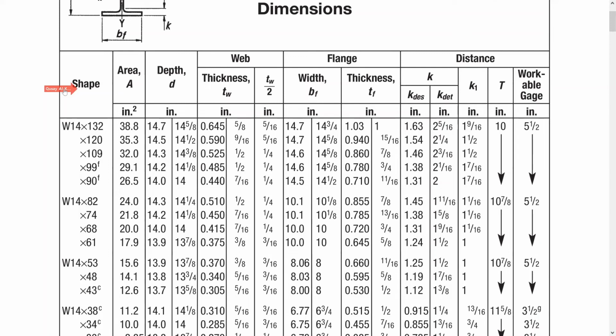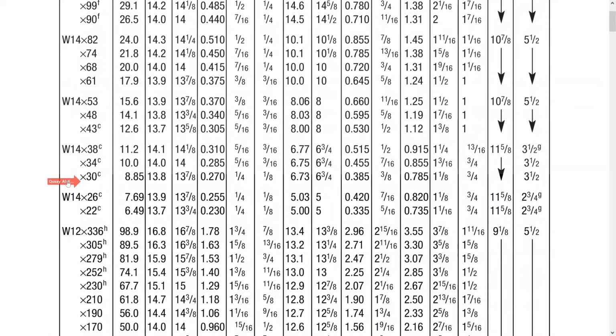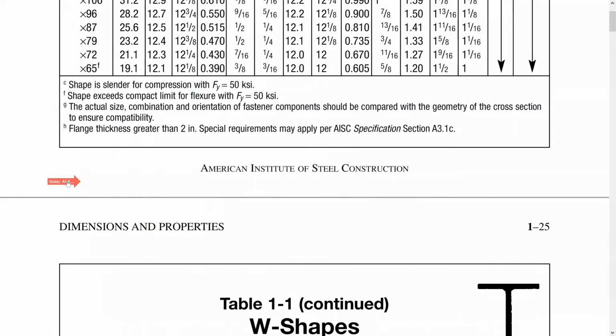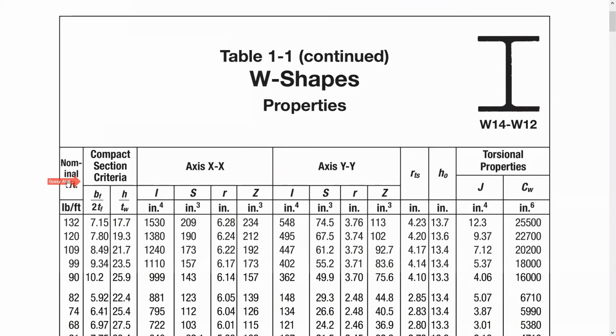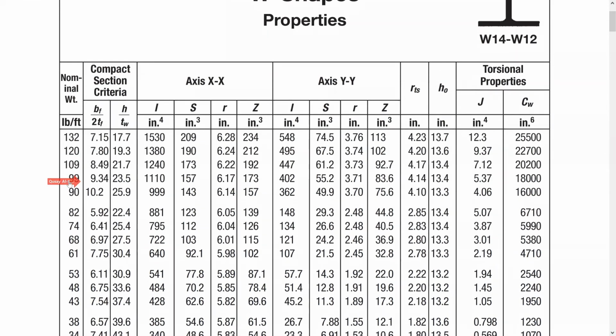If we go to the next page, look at this one here. The lambda for the web is equal to 25.9. Memorize this value, and let's get back to our example.